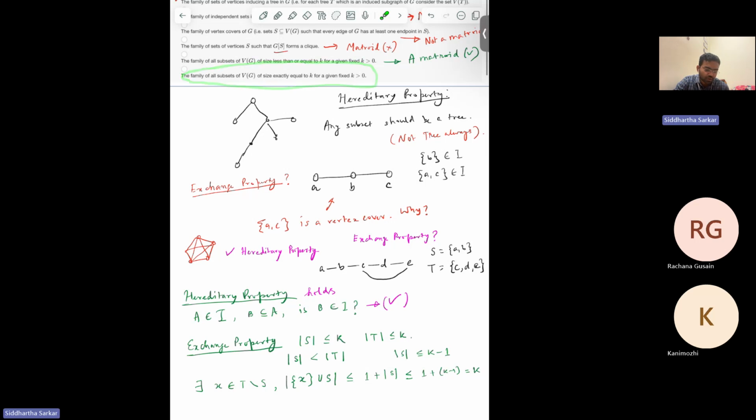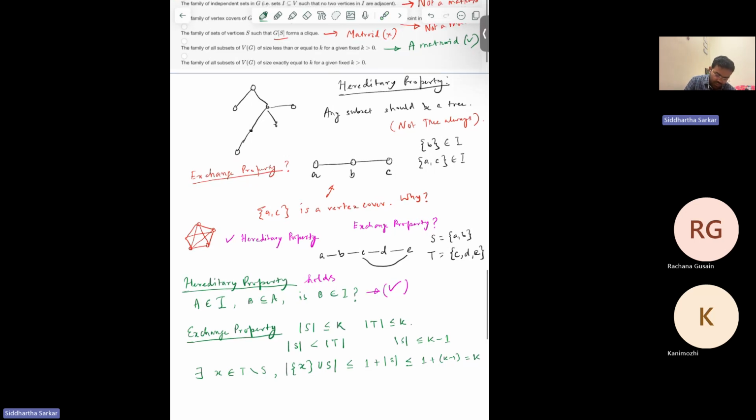Now if you take the family of all subsets of the vertices of size exactly equal to k for a given fixed k greater than 0, they are insisting that I'll take all subsets of size equal to k. Will the hereditary property hold true? Let us verify it. What does it say?